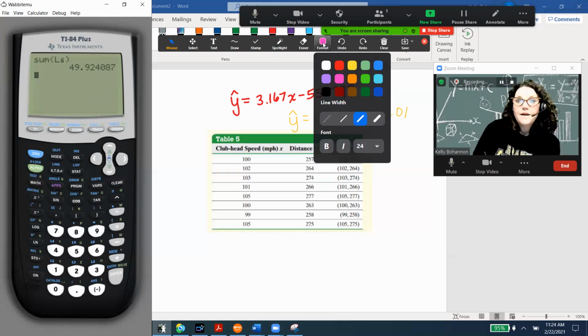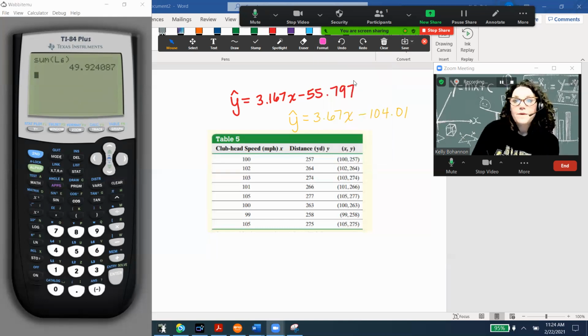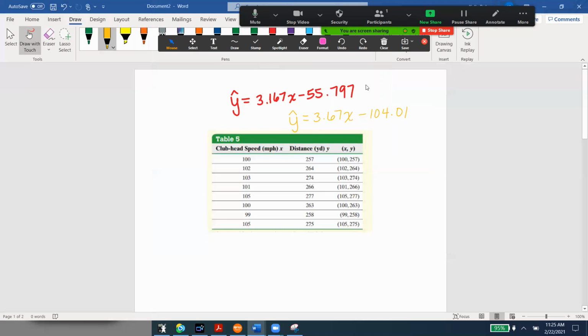I'm going to put it up here by the red line because it comes from the red line. Oh, I shouldn't do it in yellow, should I? That won't make sense. 49.924. This goes with this predictor value.